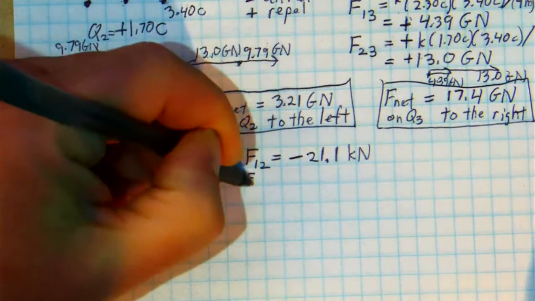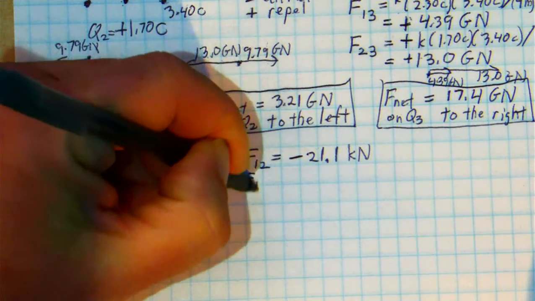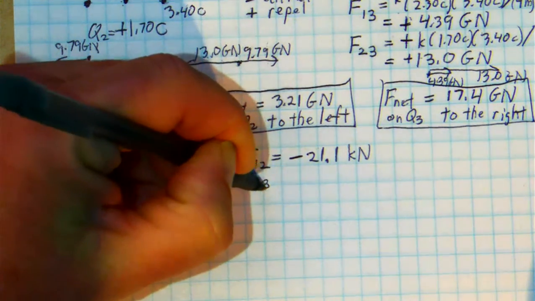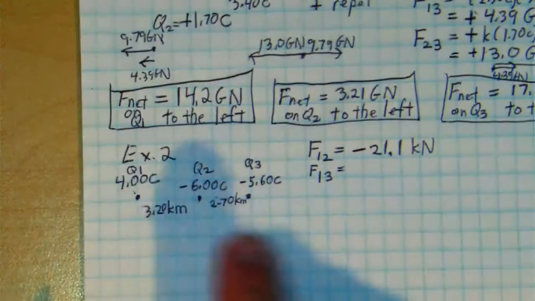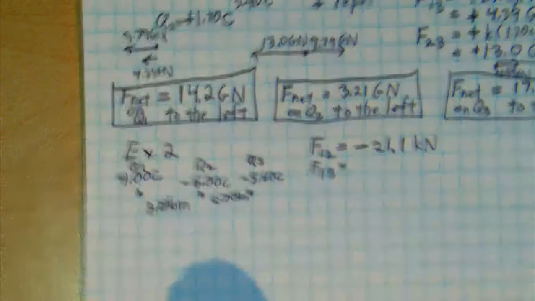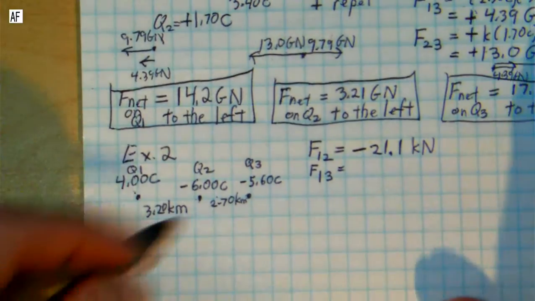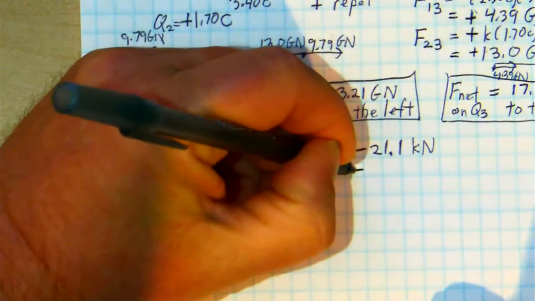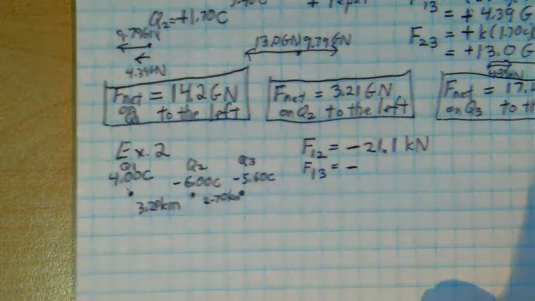The force between charge Q1 and charge Q3 is also going to be attractive because they are both oppositely charged. So I'm going to put the attraction symbol there, the minus sign.